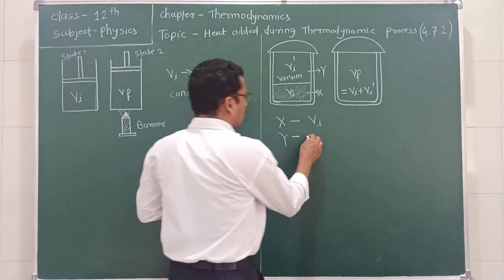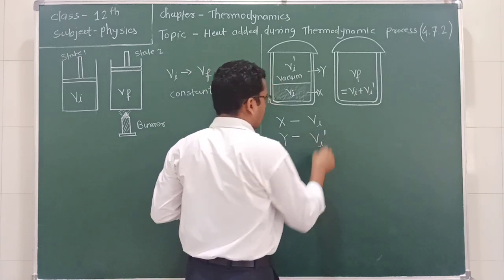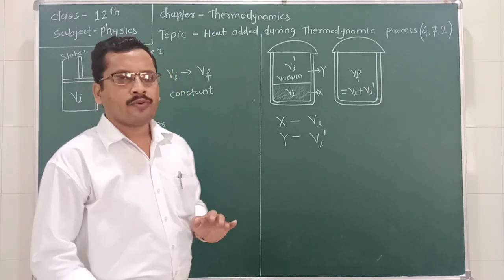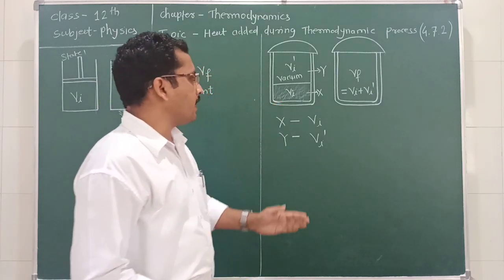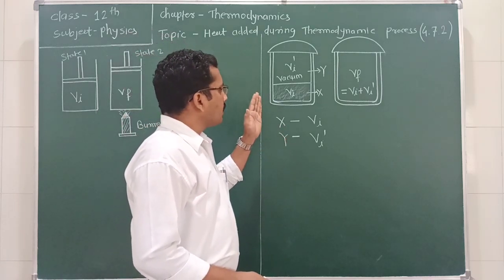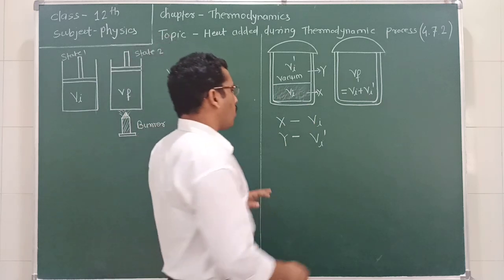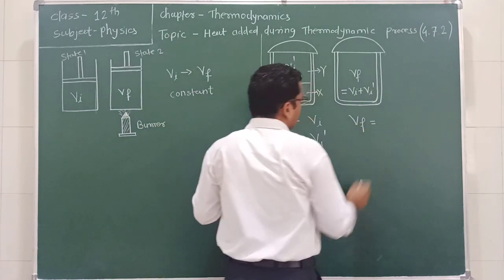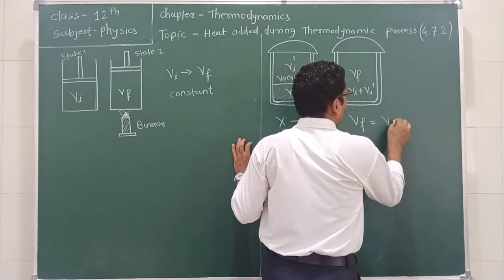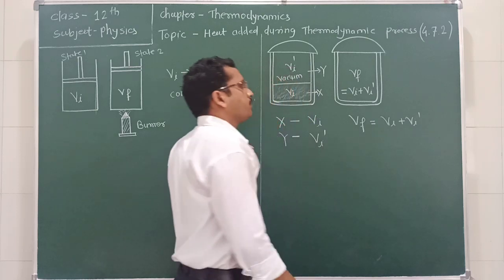Okay, so what is the volume of compartment Y? It is Vi dash. Now, when some heat is supplied to such a container, what happens? The gas expands and the final volume of this gas is equal to Vf, which is nothing but the sum of Vi plus Vi dash.